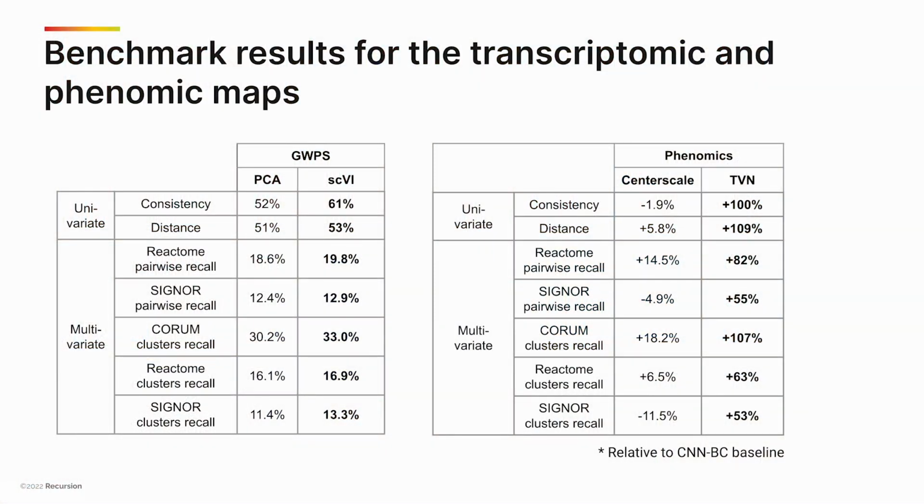Here are our univariate and multivariate benchmark results for the 4 maps discussed on the previous slide: 2 transcriptomic maps and 2 phenomic maps. We report our results over all genes and skip the filtering step of perturbations without a significant effect. This is to have an apples-to-apples comparison using the same set of genes between the pipelines.